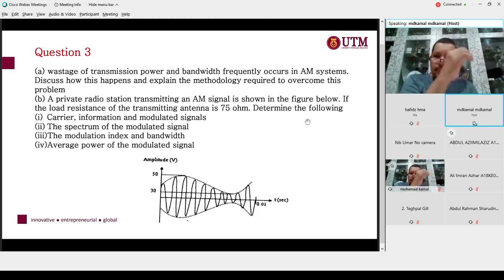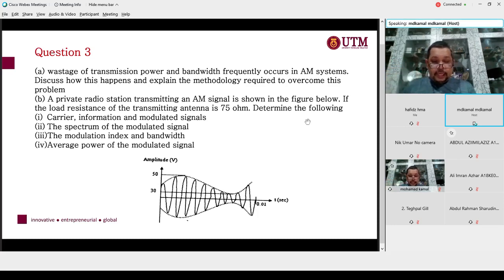Exercise 2. In this question it says that a carrier signal, given in terms of sine, VC(t) is a carrier signal equal to 3 sine 2 pi times 10 to the power 6 volt, has been modulated with the information VM(t) 2 sine 2 pi times 10 to the power 3 volt to produce the AM signal.